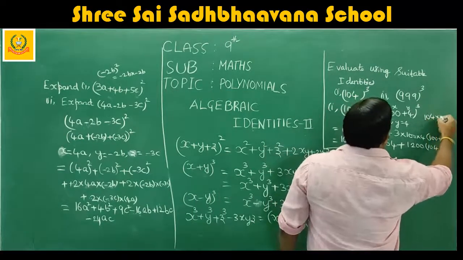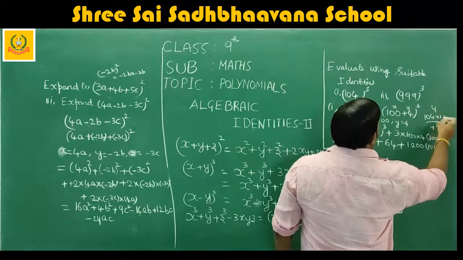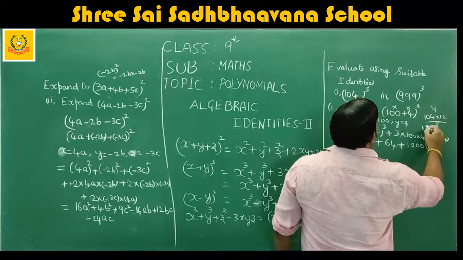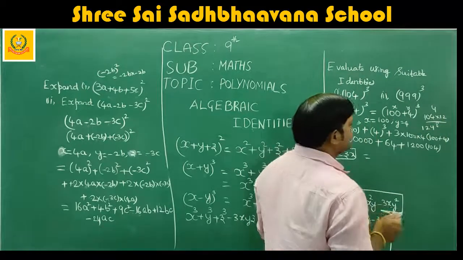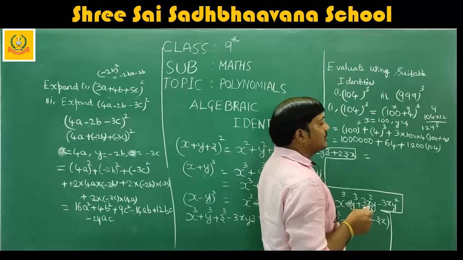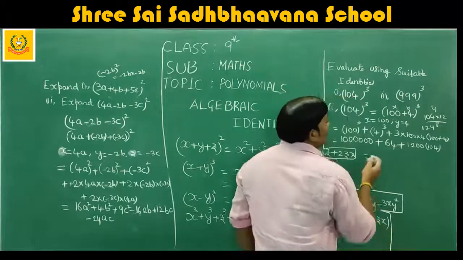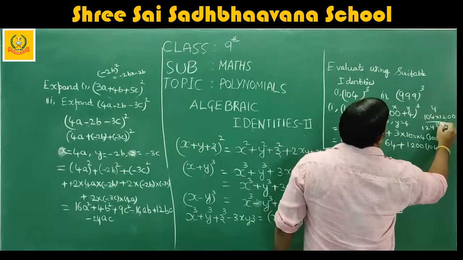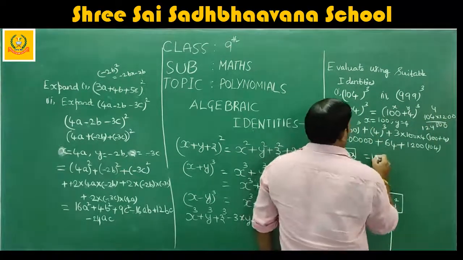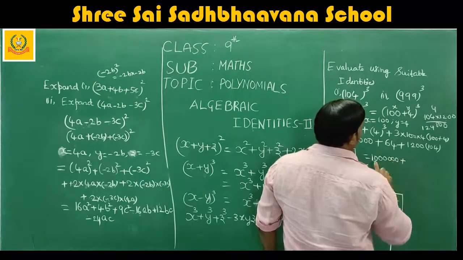Just do 104 into 12. 12 fours are 48, 12 zeros, and 12 ones are 12. So it is 1248. And here we are doing with 1200, so obviously 2 more zeros will come.